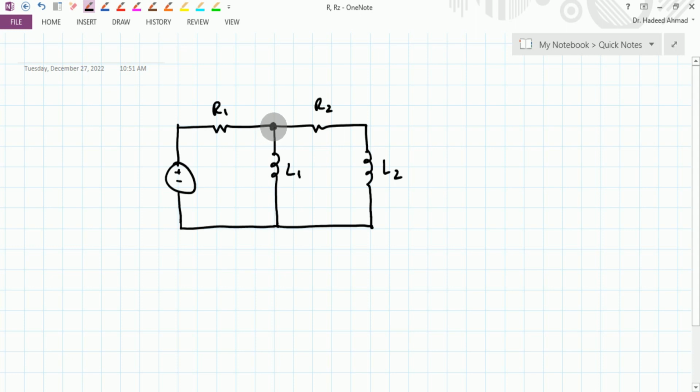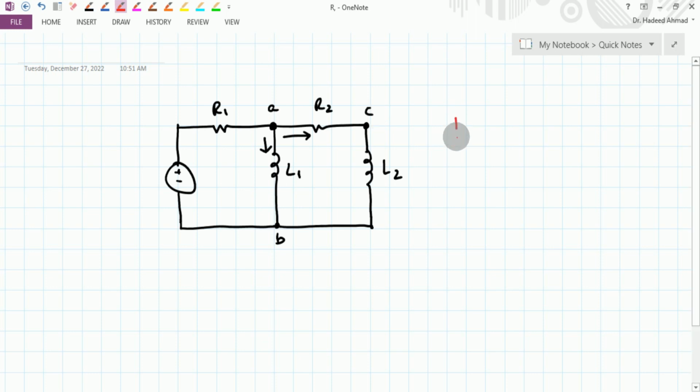Here the current flowing through L2 is different than the current flowing through L1, and therefore one may say that they are in parallel, but when we see that L1 is connected between node A and B, while inductor L2 is connected between node C and B, we can't say that the inductances L1 and L2 are connected in parallel.